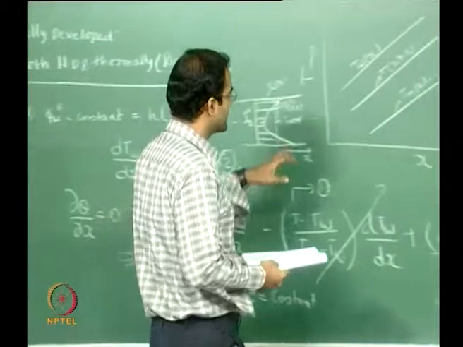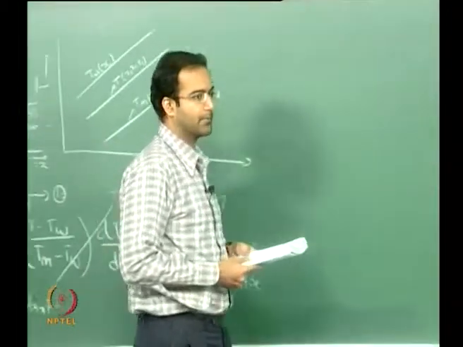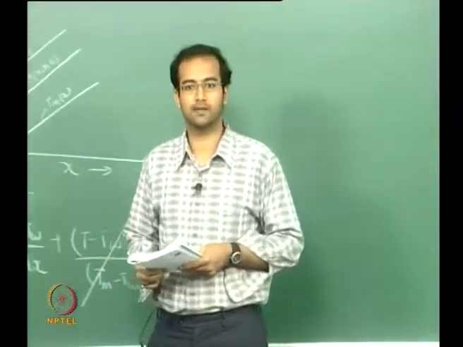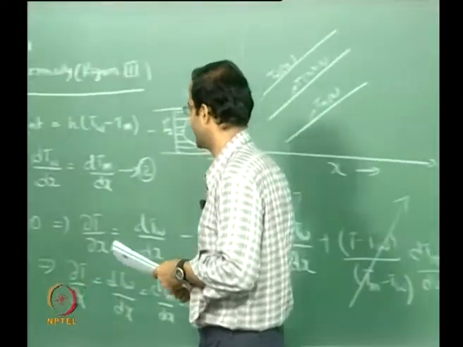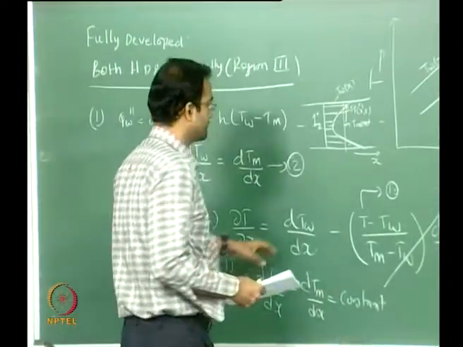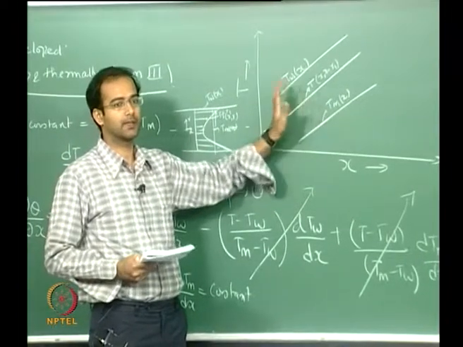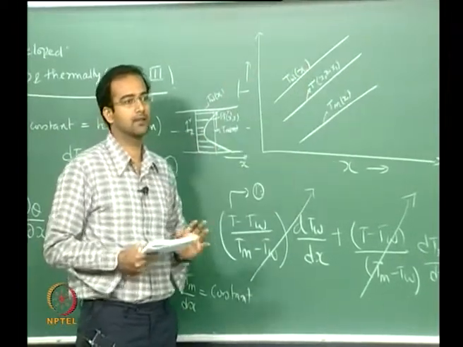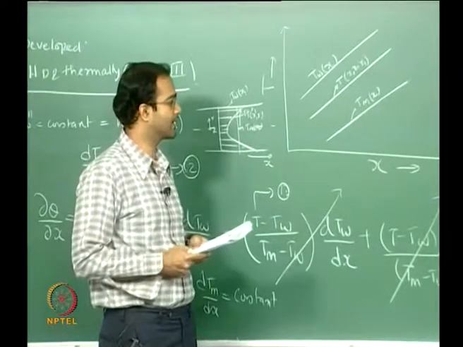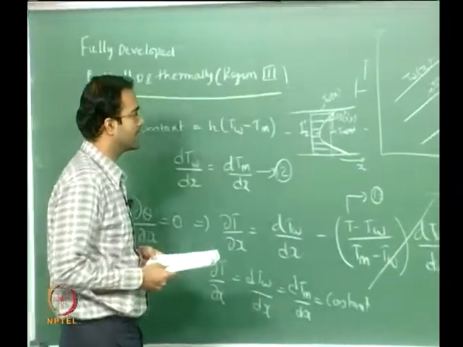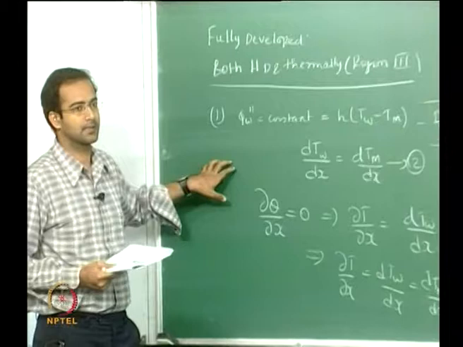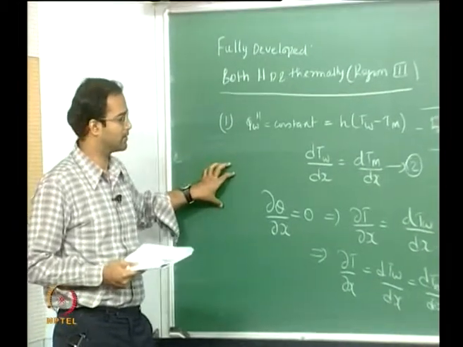This is the characteristic of the temperature variation for the constant heat flux boundary condition. All three variations are identical and parallel to each other, but they keep varying with the axial position. That is the characteristic nature of thermally fully developed flow, and of course they have to be hydrodynamically fully developed also.